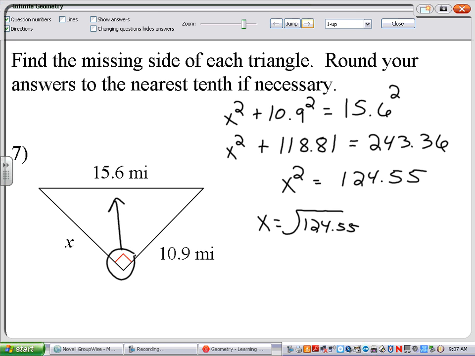So in my calculator, that gives me 11.16. So that rounds up to 11.2. Nearest tenth, again, means 1 decimal place.